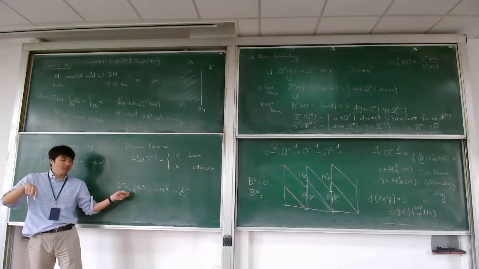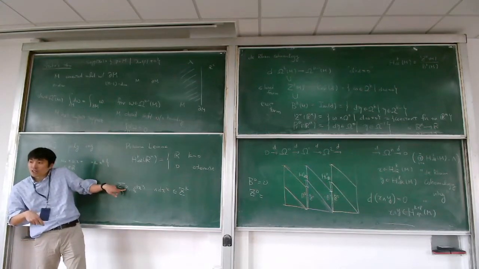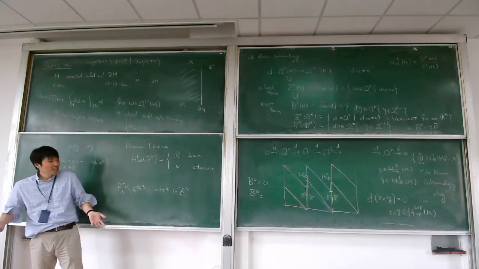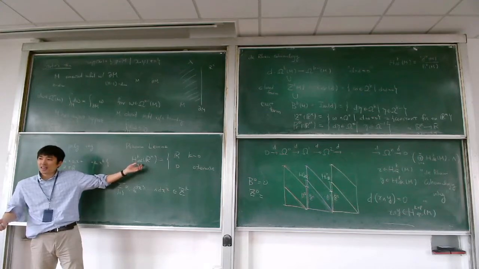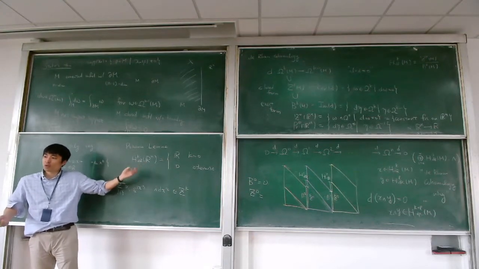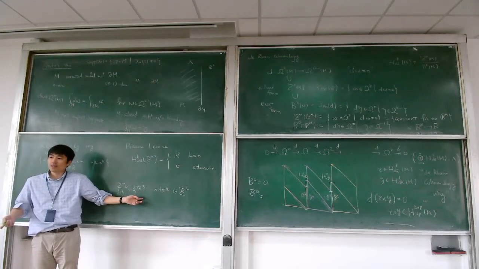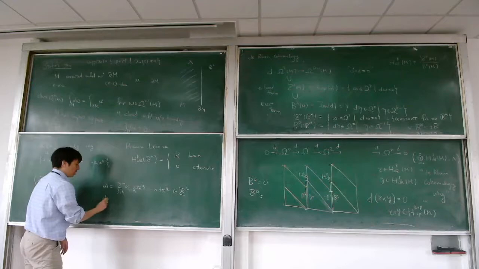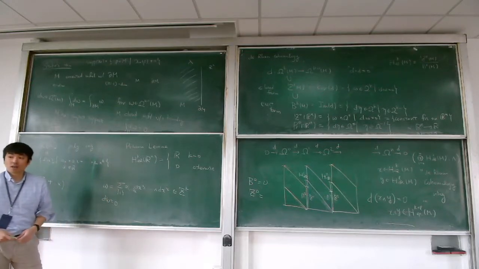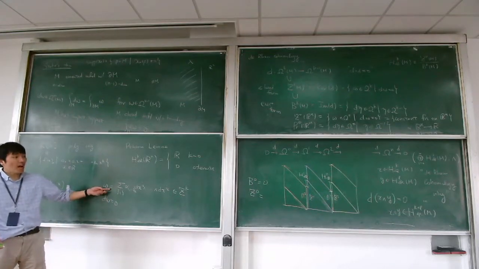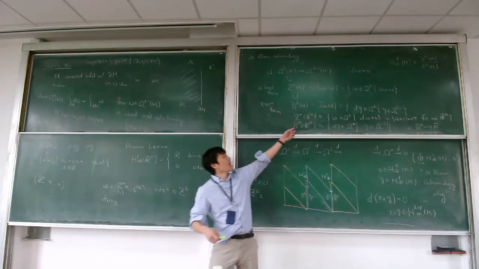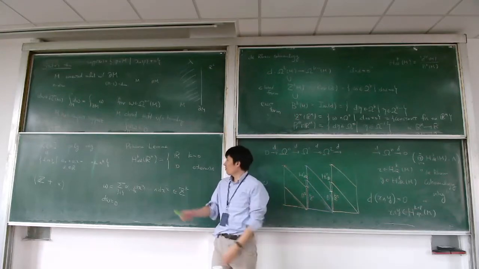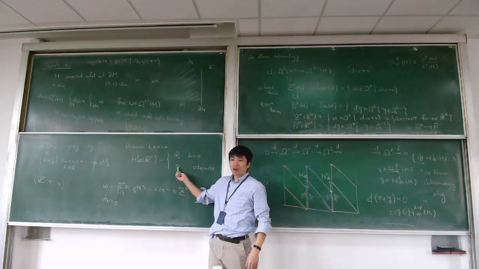Once you apply d, only look at this constant and you get 0. And the Poincare lemma says there is some preimage for this one. This is omega, so d omega equals 0, but this one is actually contained in B^k. Therefore, de Rham cohomology is 0.